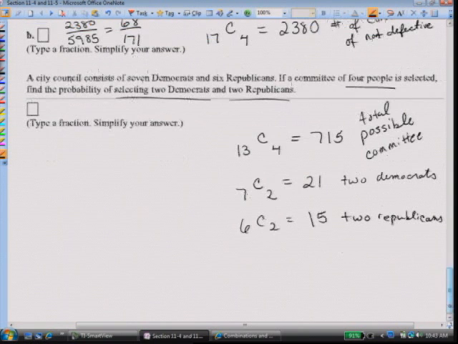So if we want a committee that has 2 Democrats and 2 Republicans, you want to put the number of ways that you can choose 2 Democrats, which was 21, and multiply that by the number of ways that you can choose 2 Republicans, which is 15. So that's the fundamental counting principle there.